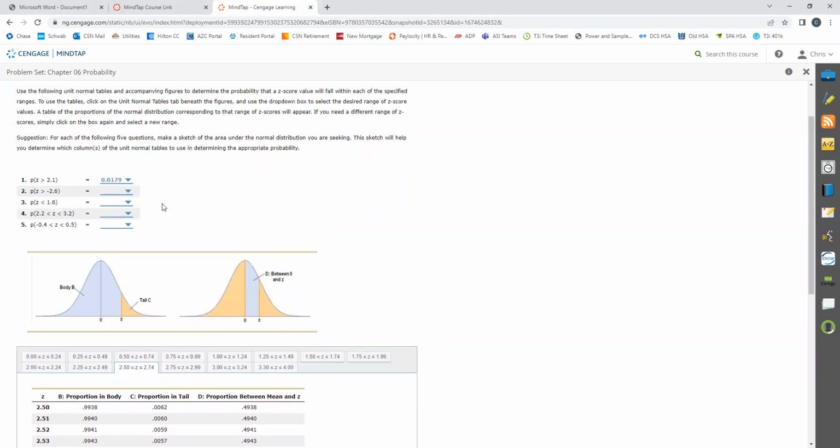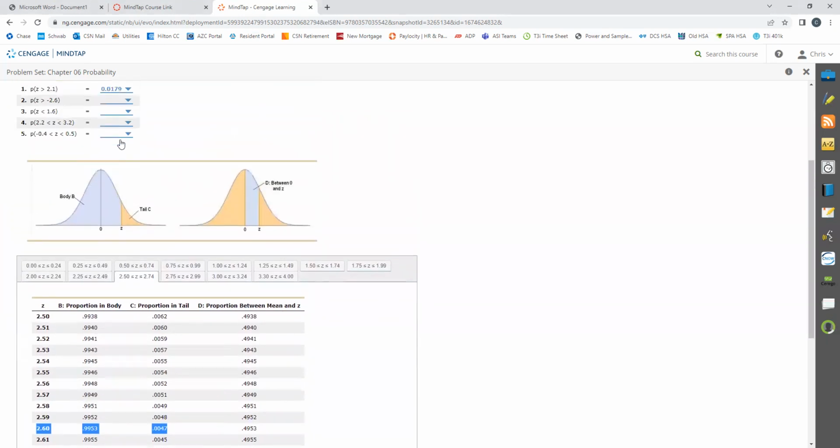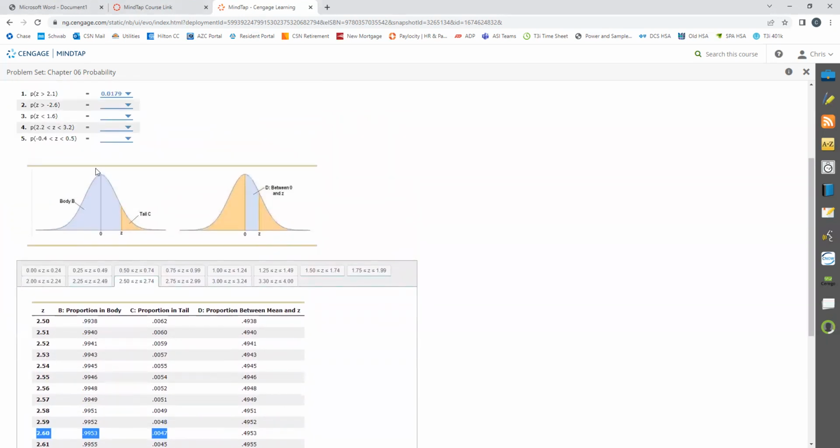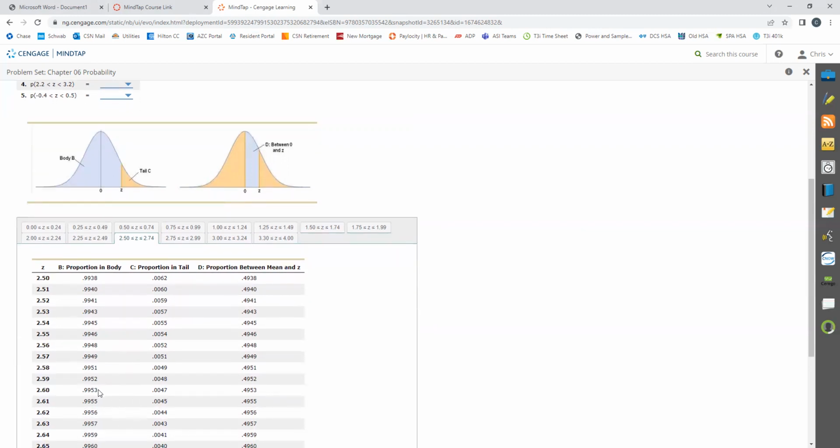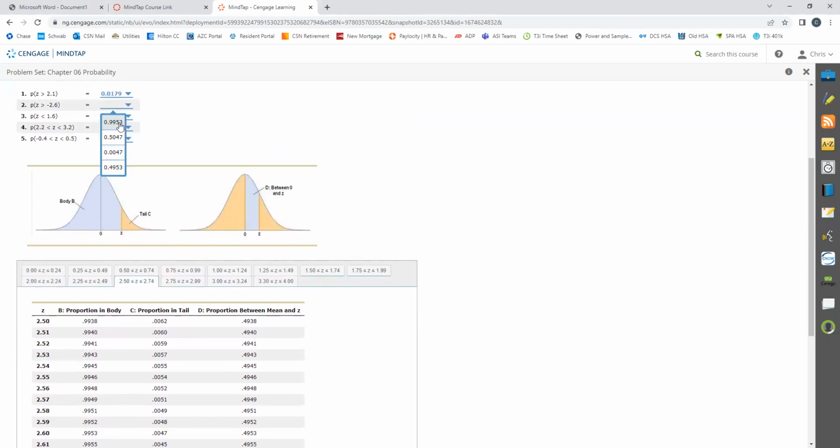So you would say, okay, the probability that Z is greater than negative 2.6. Well, this image on the left kind of flips around. So the proportion in the tail is now equal to the proportion in the body, and the proportion in the body becomes the proportion in the tail because this is a negative number. So the answer to this is actually going to be 0.9953. That will be the probability that we have going forward.